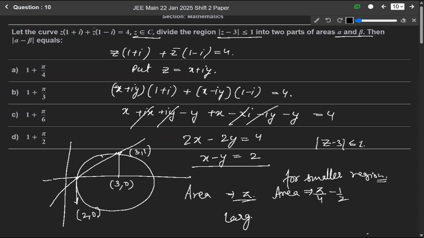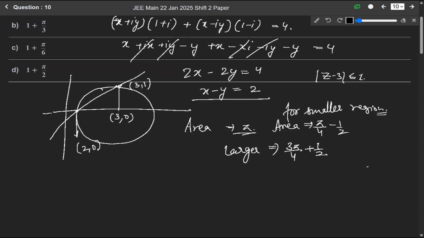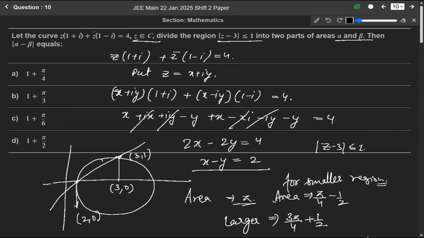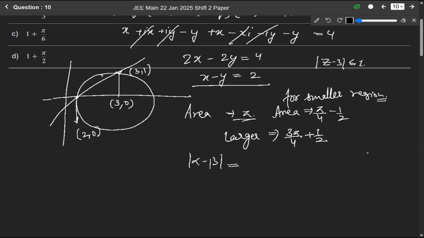And if we talk about the larger region, for the larger region, it will be 3 pi by 4 plus 1 by 2. Okay. So modulus of alpha minus beta will be equal to 3 pi by 4 plus 1 by 2 minus pi by 4 minus 1 by 2, and its modulus.